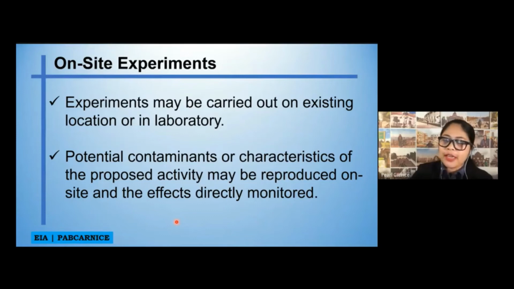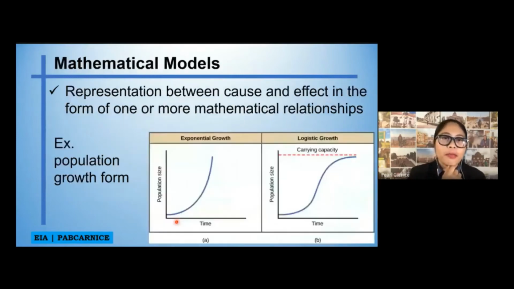Yeah. Next approach is mathematical models. So representations between cause and effect may be carried out in the form of one or more mathematical relationships. The simplest example would be population growth, in which you can put a mathematical model.